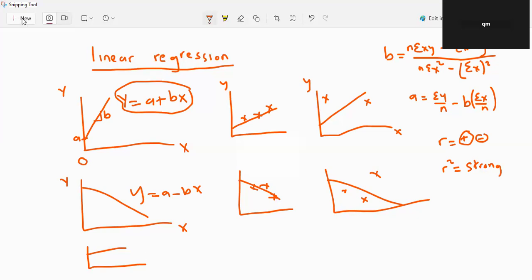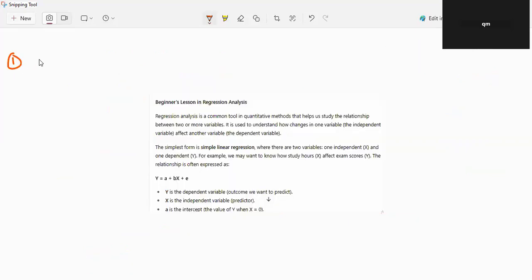Coefficient of determination. So we have talked about three important uses of the regression equation. Number one, it is used to predict. For instance, you're able to know how much you need to put in your advertising budget to attain a certain sales level.